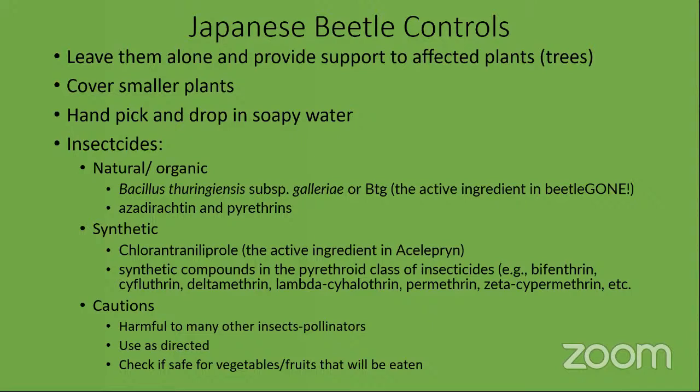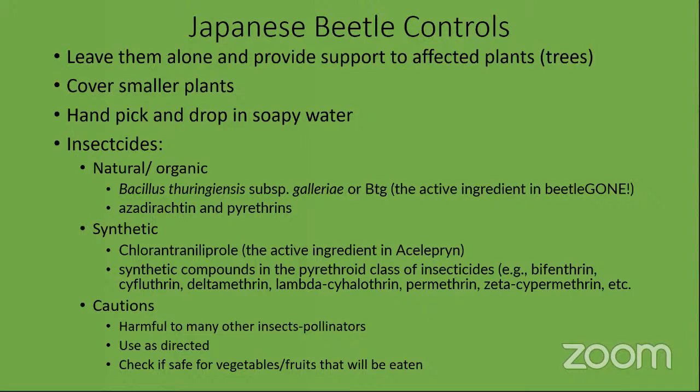Be sure that you use them as directed. Check that they are safe for fruits and vegetables if you're spraying it on those kinds of plants. Some you can eat, some have a waiting period before you can eat the vegetables that you have sprayed. And basically, when you're looking at insecticides, be sure you read the label and follow it.